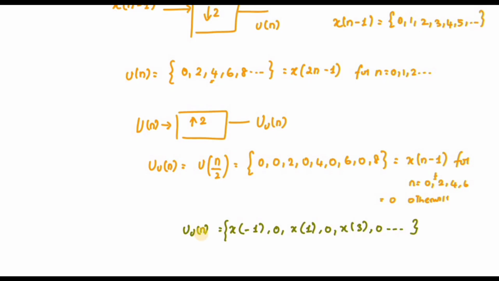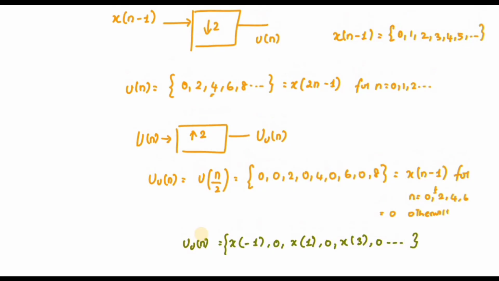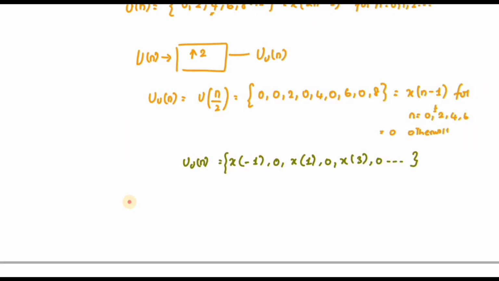In a similar way, if you write y of n is equal to u of n plus w of n, this is equal to x of minus 1.